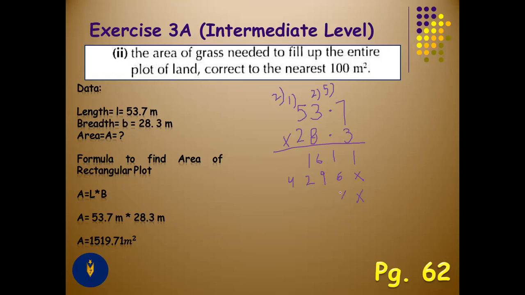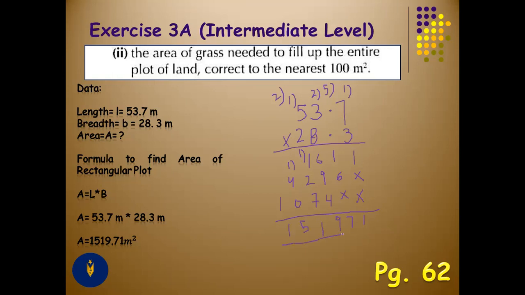Okay. 7 2 is 14. 1 carry, 3 2 is 6, 7, 2 5 is 10. Okay. 1 as it is, 6 plus 1 is 7, 9, 6 plus 4 is 10, 9, 19, 1 carry, 7 8 9 10 11, 1 carry, 4 plus 1 is 5, 1.